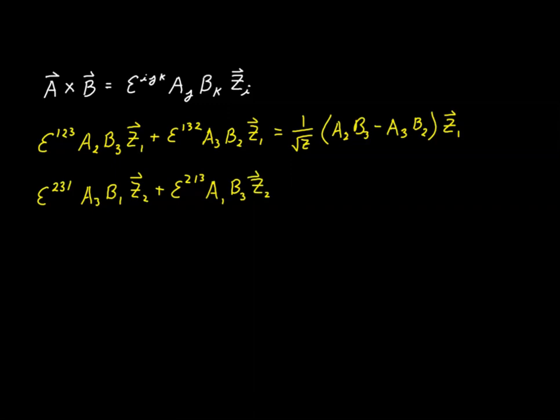Alright, same kind of drill as before. We look at epsilon 2, 3, 1. Well, if I flip the first two indexes, I'll get negative epsilon 3, 2, 1. And then if I flip the first and third, I'll get epsilon 1, 2, 3. And I have to flip the sign each time I do it.